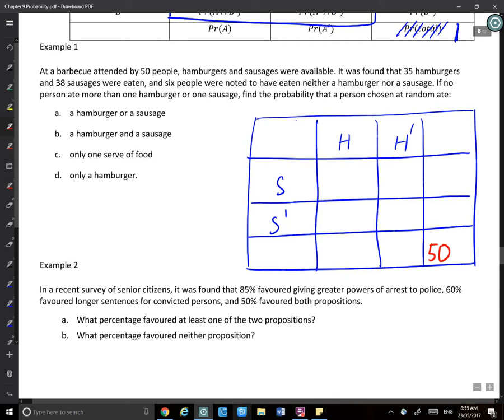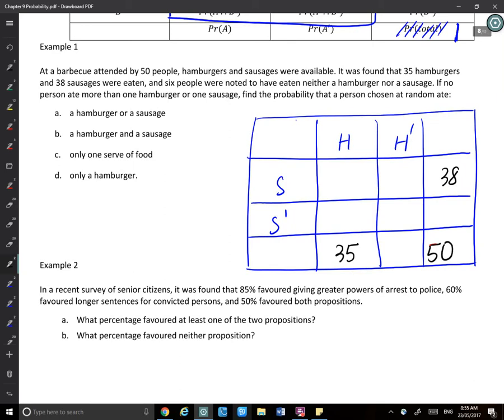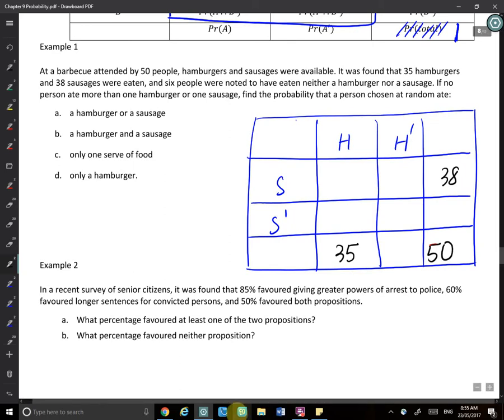That's fixed, so I'll use black to write the fixed numbers. 35 hamburgers were eaten, so there must be 35 people who ate hamburgers. And 38 sausages were eaten, so there must be 38 people who ate sausages. And 6 people ate neither a hamburger nor a sausage, so the intersection of not S and not H should be 6.